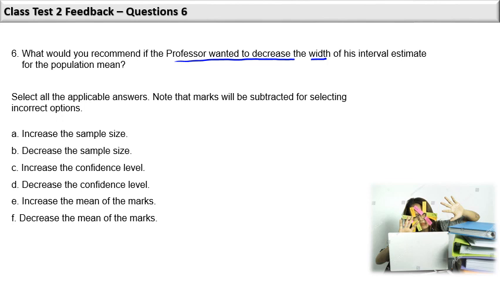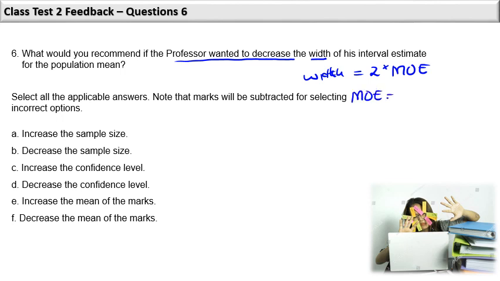Now, if you go back to the previous question, we said the width of the interval was nothing but 2 times the margin of error. So in short, this question is saying, what should I do to decrease the margin of error? So now that means I need to know how the margin of error looks.